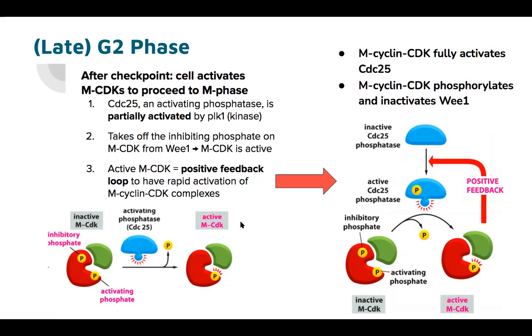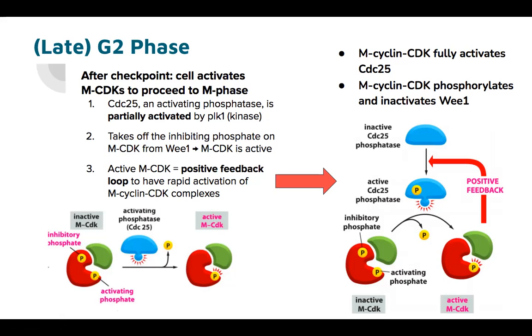Remember that just because you're adding a phosphate to a group doesn't necessarily mean that it's activating it. And this is an example of the very opposite, where it's actually a phosphatase, right? It takes away a phosphate group from the CDK, which then activates it. And this is an example of positive feedback, right? So when this happens, then the steps after that are rapidly increased.